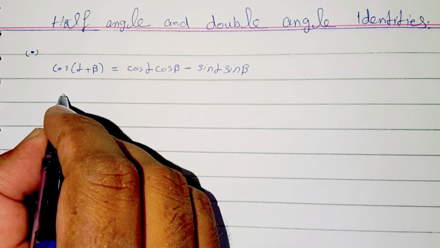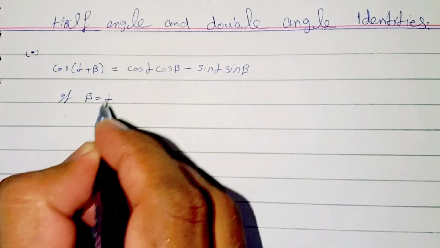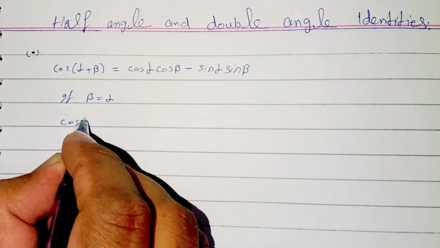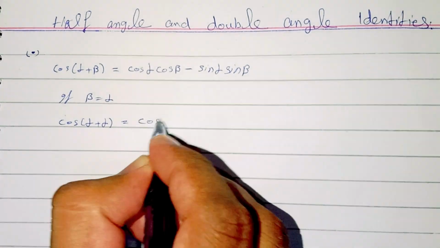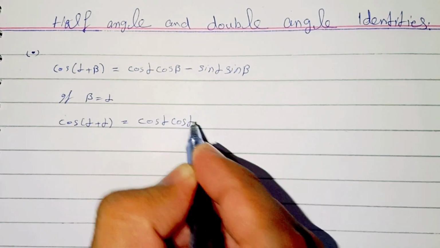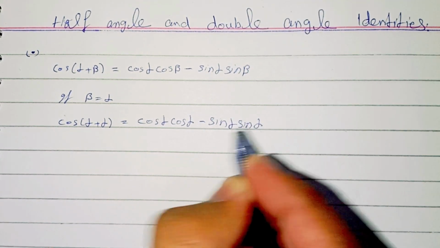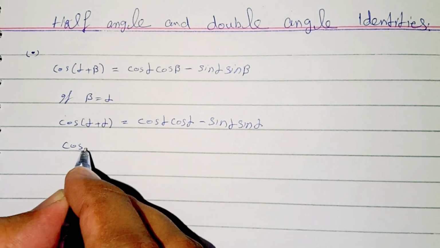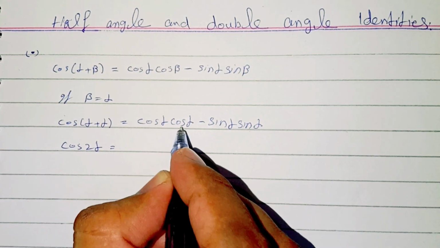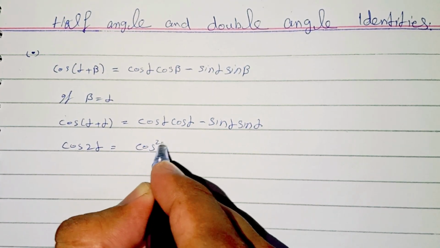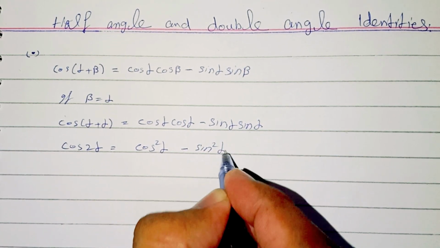In particular, if beta is equal to alpha, then cos of alpha plus alpha becomes cos alpha cos alpha minus sin alpha sin alpha. So cos of 2 alpha is equal to cos alpha multiplied by cos alpha, cos square alpha, minus sin multiplied by sin, sin square alpha.